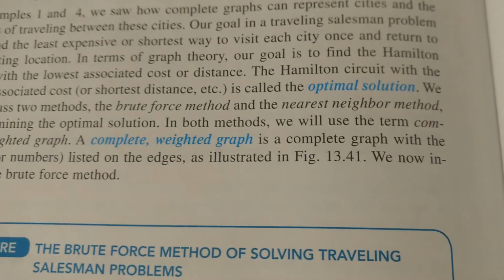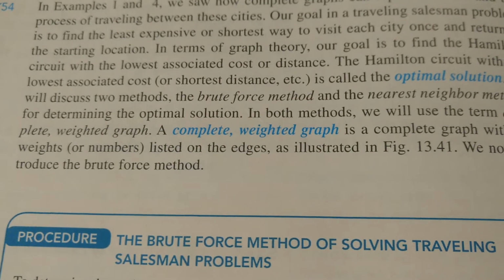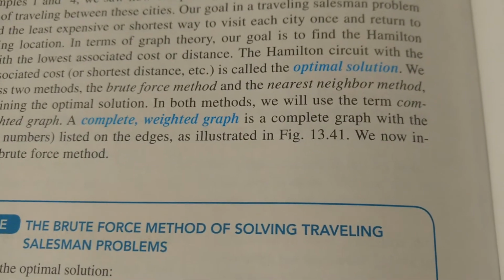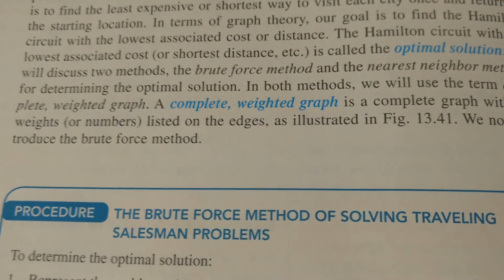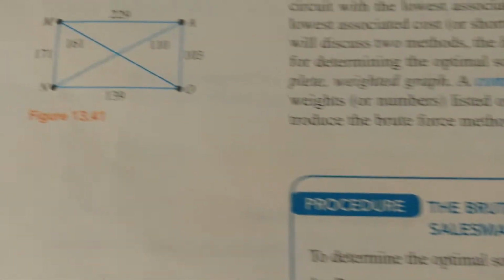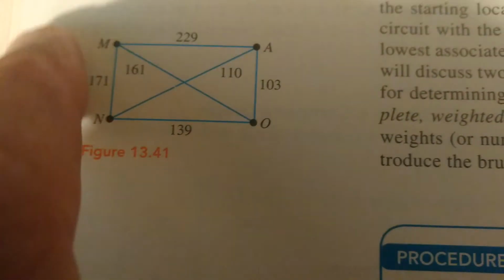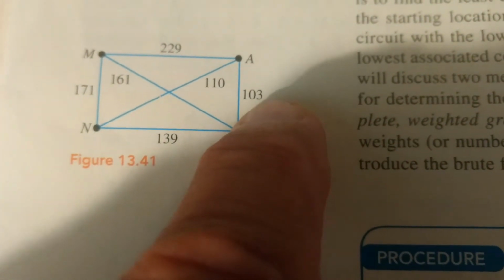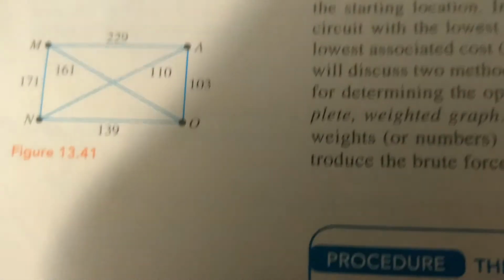In both methods, we will use the term complete weighted graph. A complete weighted graph is a complete graph with the weights or numbers listed on the edges. And so that's what I was talking about before. So in terms of this, not only do we have a complete graph here, we also have the edges labeled with the cost to fly from one destination to the other.